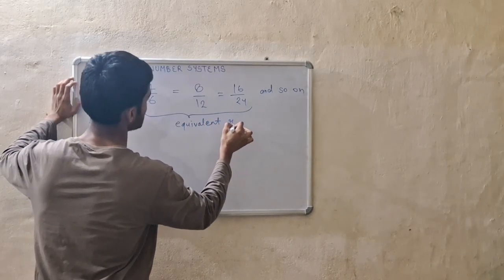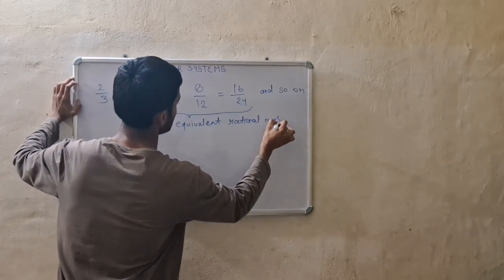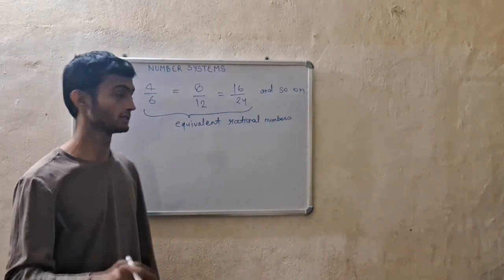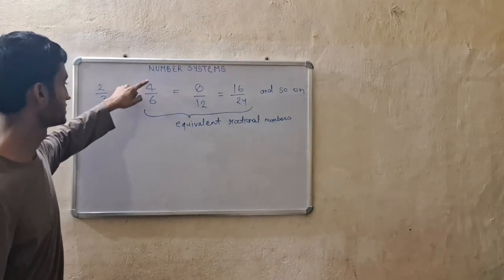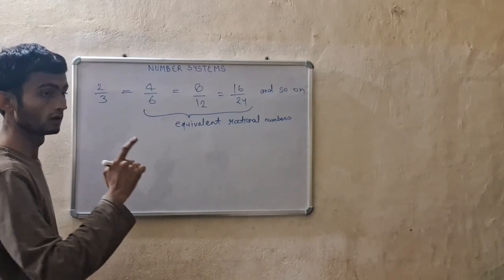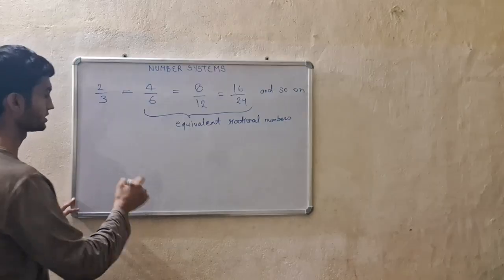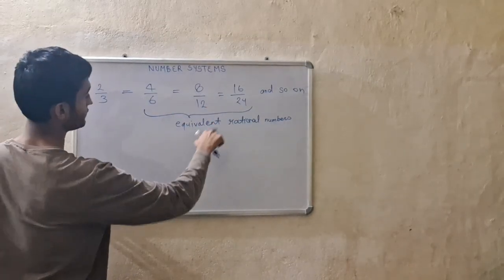Whenever we get any of these rational numbers, we will be using the reduced form of such equivalent rational numbers.